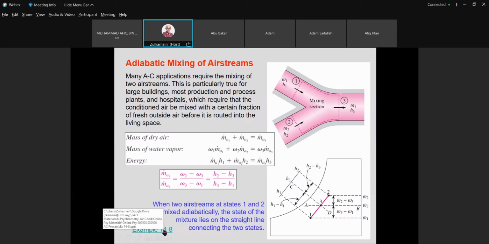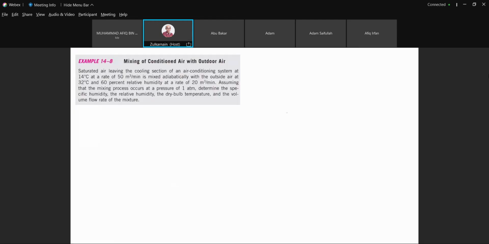Okay, so we go to the last example right here, the mixing of conditioned air with outdoor air. Saturated air leaving the cooling section of an air conditioning system at 14 degrees C at a rate of 50 meter cube per minute is mixed adiabatically with the outside air at 32 degrees C and 60% relative humidity at a rate of 20 meter cube per minute.